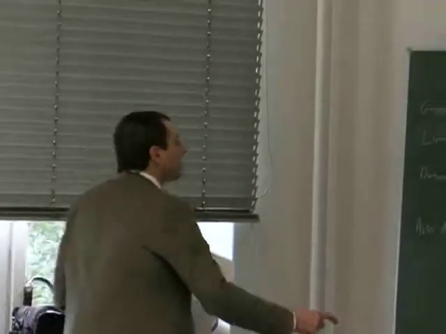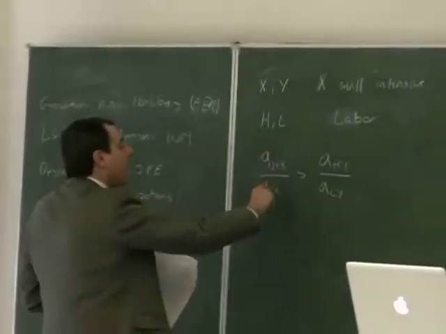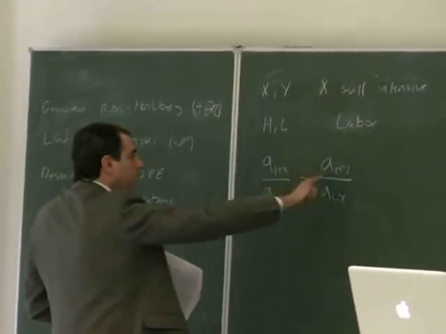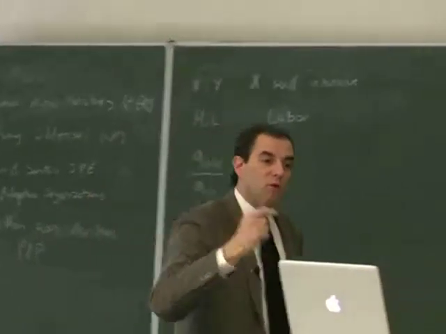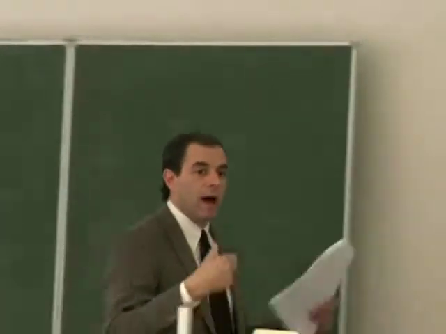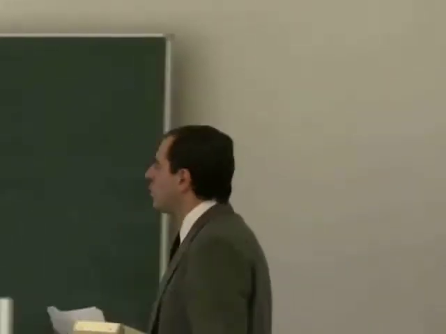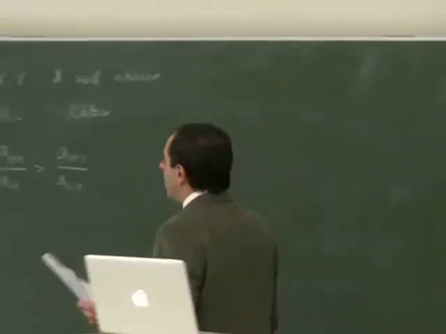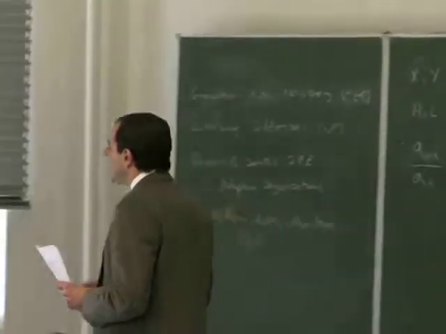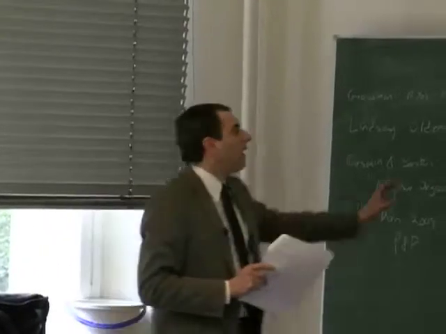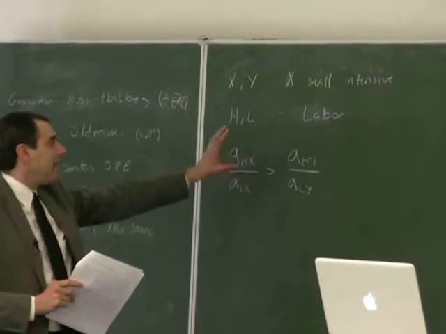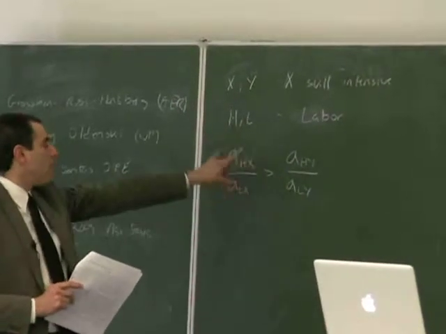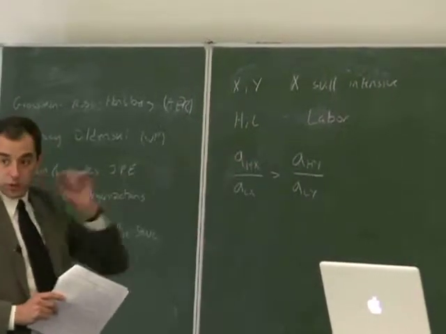You can think of these AH, AL as multiplying, so that amount of labor is used to perform a unit of task to produce a unit of output. We can normalize those as 1 because that's harmless. But clearly if the X good uses more high skill tasks than the Y good, we're multiplying both by 1, but this A will be larger.